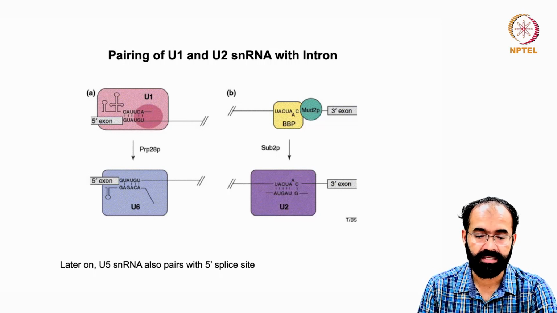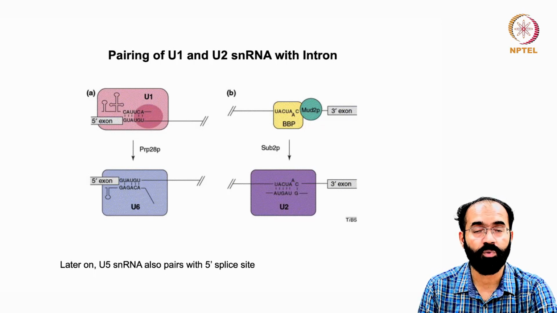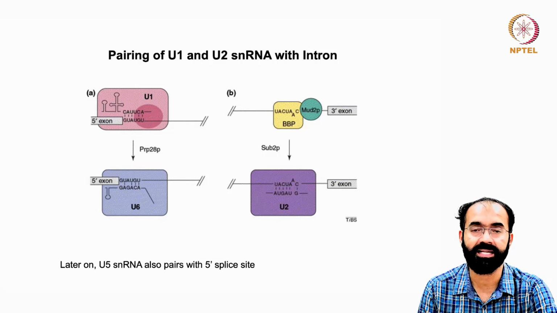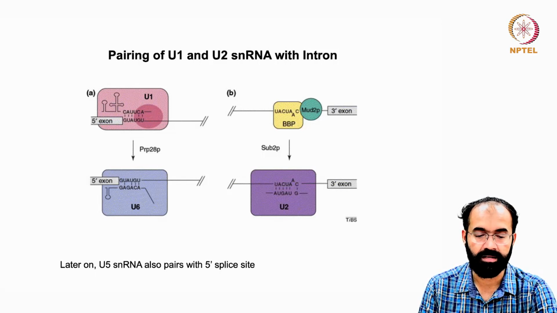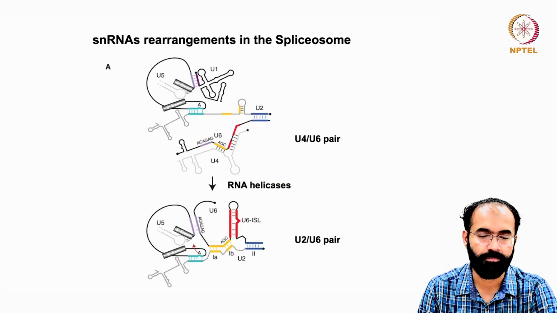It gets into a position such that the branch point A is projected out. It no longer participates in the pairing with the U2 snRNA, so that this A can easily participate in the trans-esterification reaction. Now let us see how the actual splicing takes place.